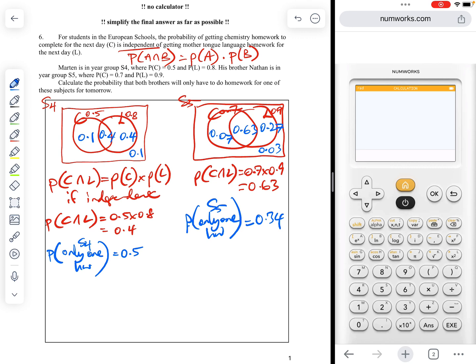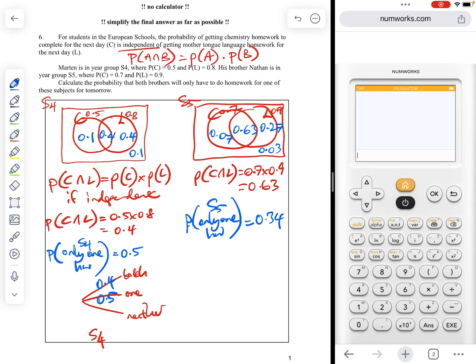Now, bringing everything together. If we think about S4, it could be both homeworks, or one, or neither. What are the numbers that we know? We just wrote them down. Both homeworks we saw above, 0.4.